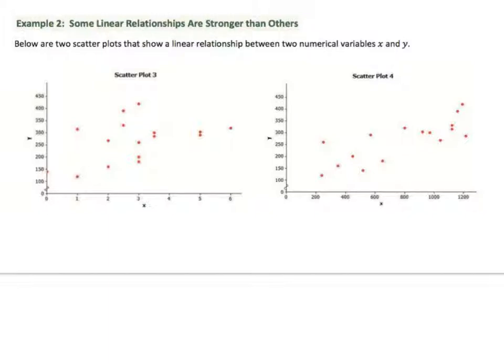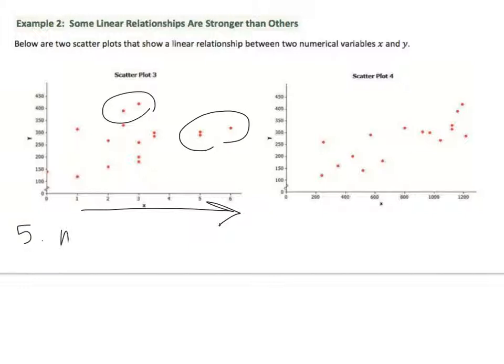This one's not quite as clear cut, but it looks as though as the x increases, the y's increase, but those decreased. It's just not quite as clear. So number 5, my answer would be not as clear. It's not very apparent. We think it could be positive. It looks like it may be positive.